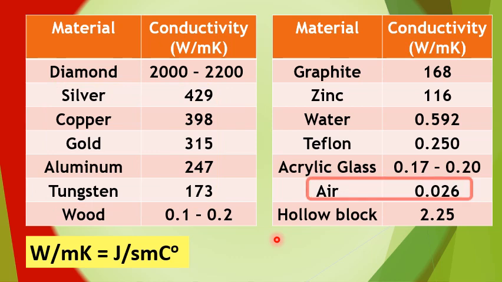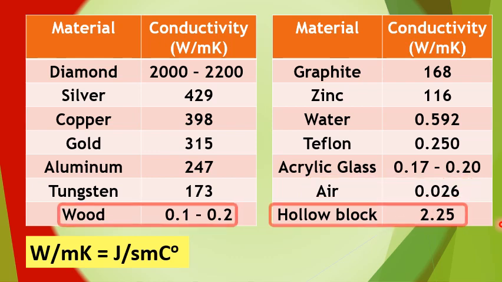Now, look at the value for the thermal conductivity of air. Why do you think people in hot places, like the Middle East, prefer to wear loose clothes during hot summer months?